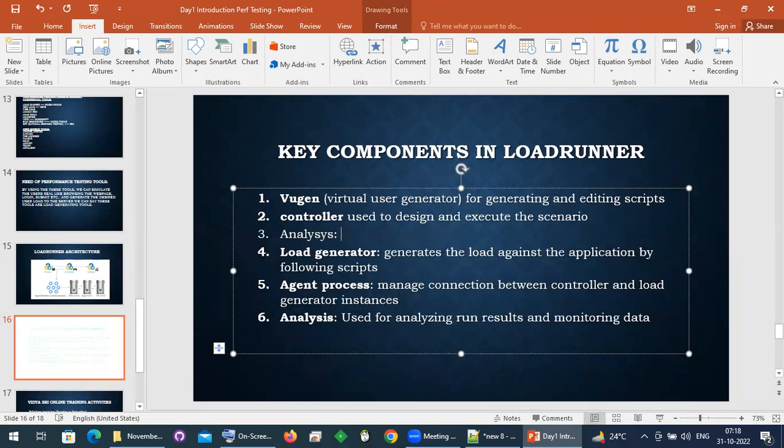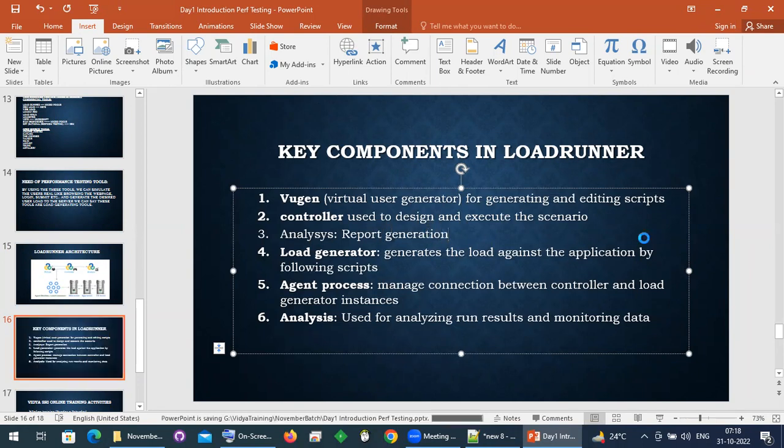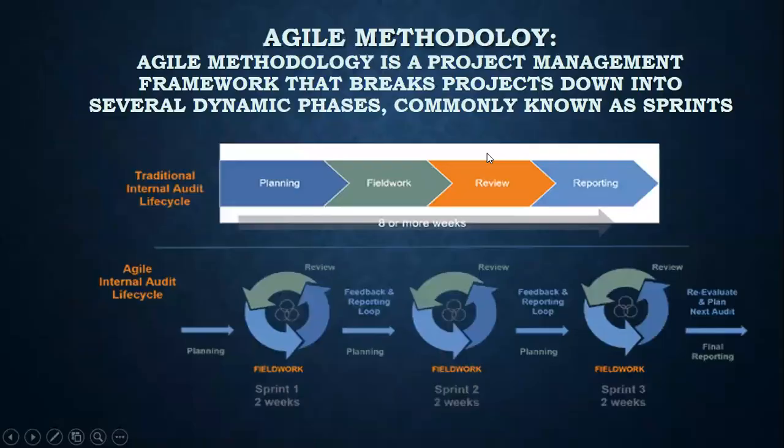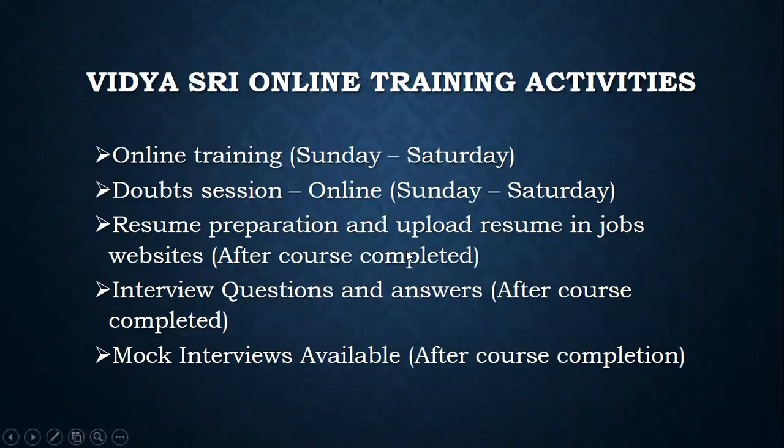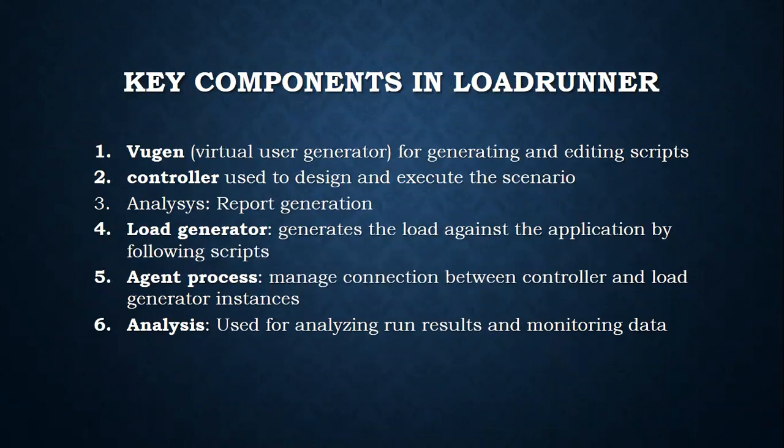Analysis is used for report generation. Once the testing is done, we can use it for test report generation, like how the response times were, and all the information we can get in analysis. Load generators are mainly used to generate the load on applications. The agent process is just the connection between the controller and the load generator.